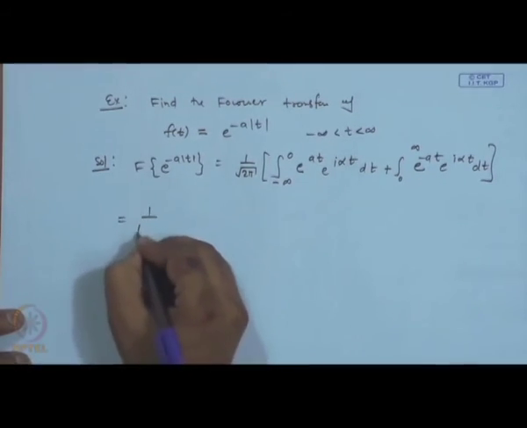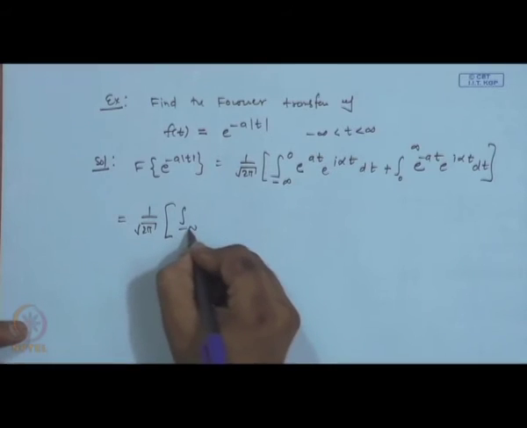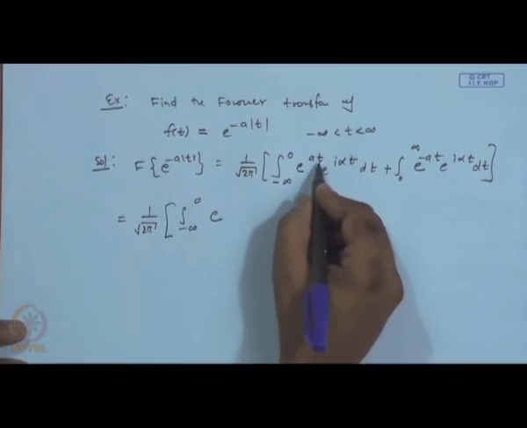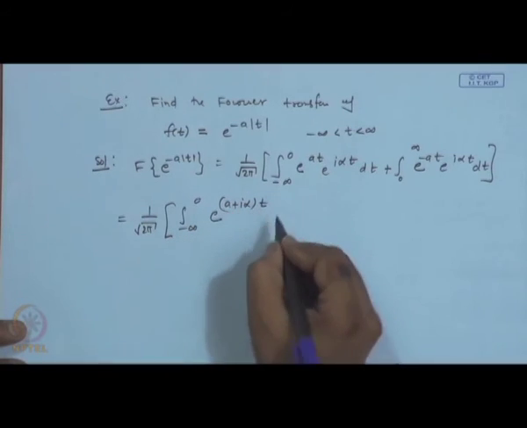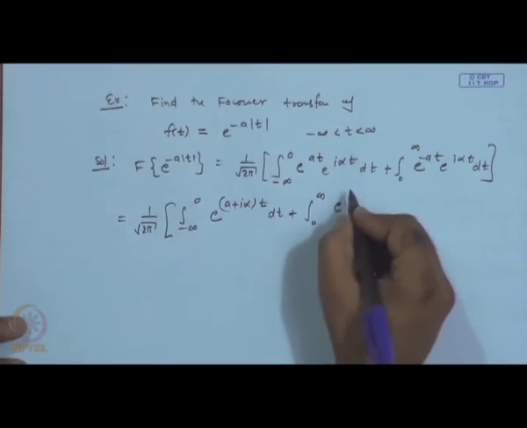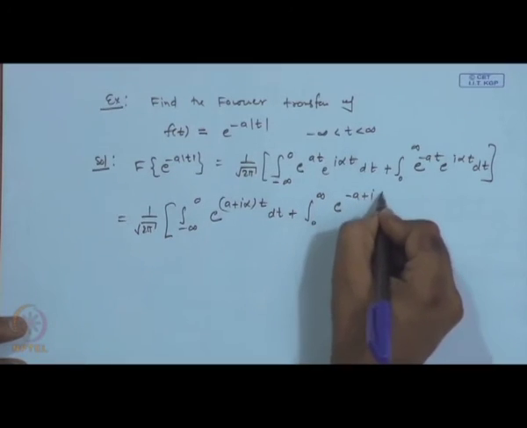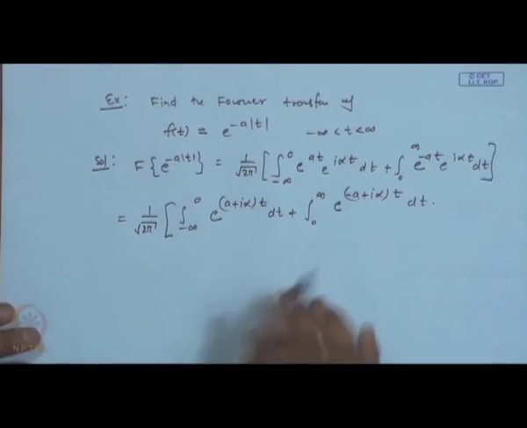So what we have 1 over square root 2 pi, and again I can just write this. So it's e power (a plus i alpha) t dt, plus 0 to infinity e power minus (a plus i alpha) t dt.